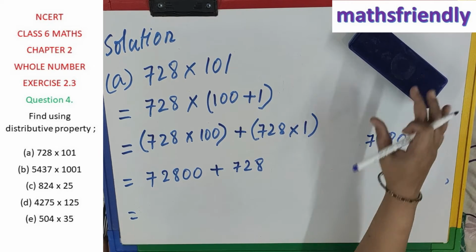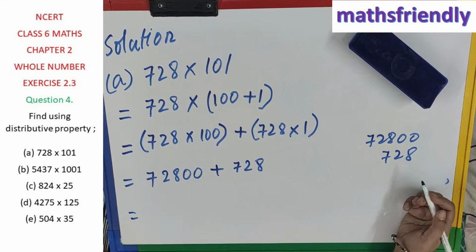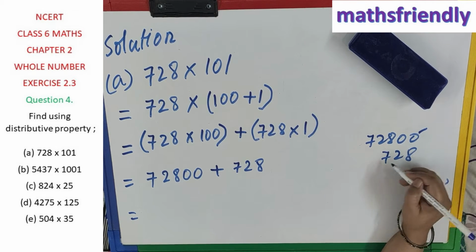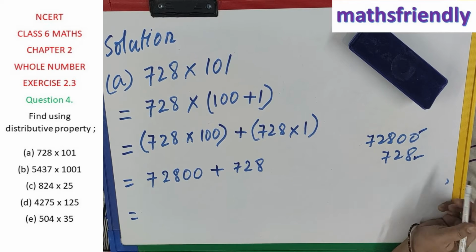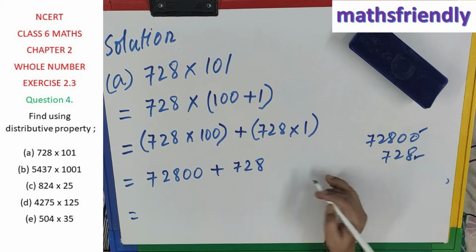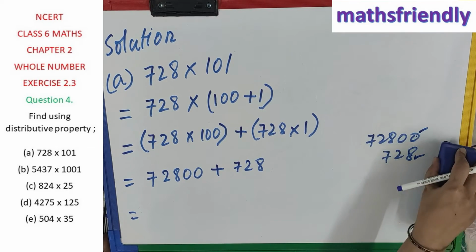No need to do this addition in the rough space. Just to show you how to do the addition directly, I am showing you. The ones place of this number is here and the ones place of this number is this one. So ones place is added to ones place, tens place is added to tens place, and we take the carry.